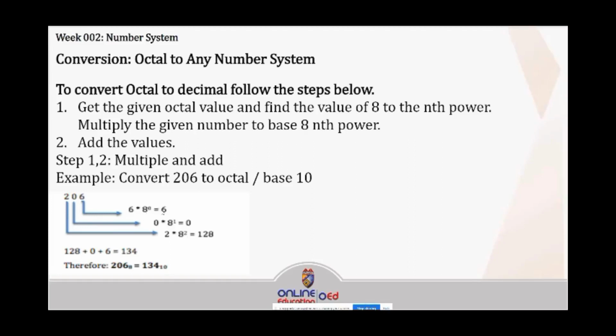So, 1 multiplied by 6, we have 6. 8 raised to 1 is 8, multiply by 0, it is 0. 8 multiplied by 8, 64. 64 multiplied by 2, 128. So, 128 plus 6, we will have 134. Therefore, 206 base of 8 is equal to 134 base of 10. That's how you're going to compute for it.